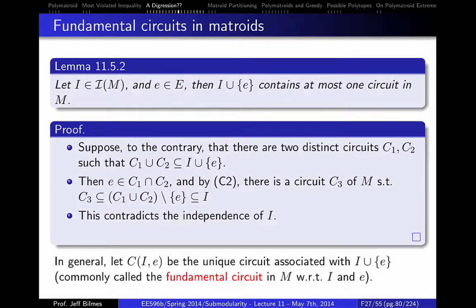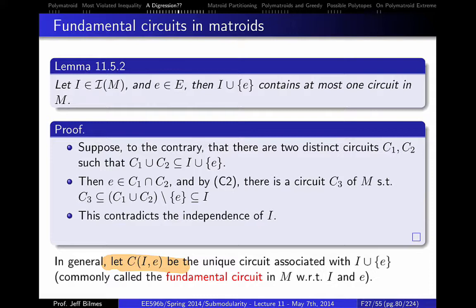So therefore, we're going to have a notation associated with this, and this is a crucial thing to understand, because there's going to be a polymatroidal generalization of this, which is going to, interestingly enough, be describable in terms of a lattice. But this is C(I, E).